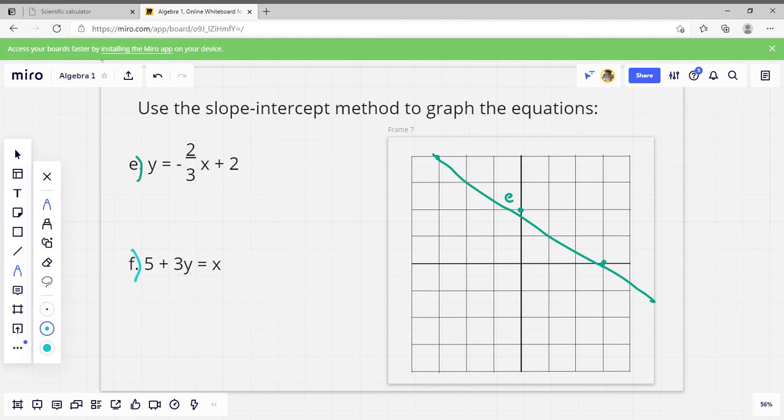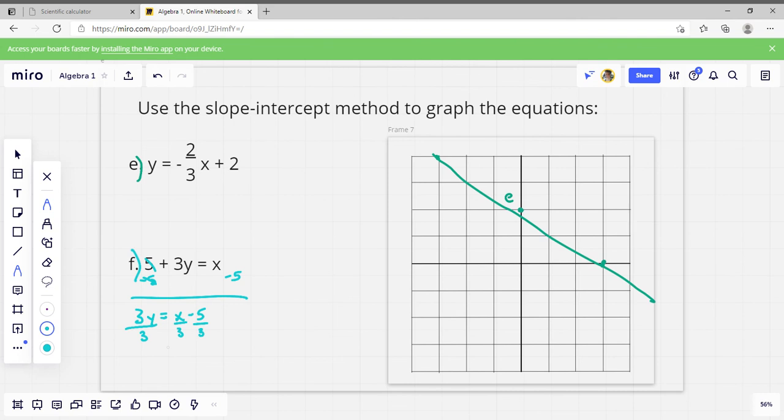F is 5 plus 3y equals x. I have to rearrange this one. So I want my y by itself, so I'm going to do minus 5. And I'm going to get 3y equals x minus 5. Now I need to divide by 3. Let me double check that.